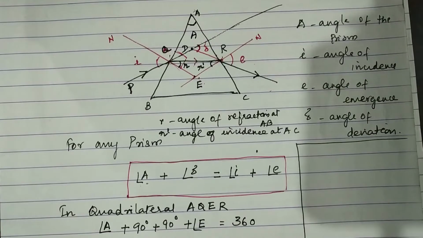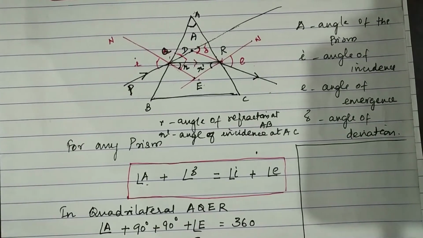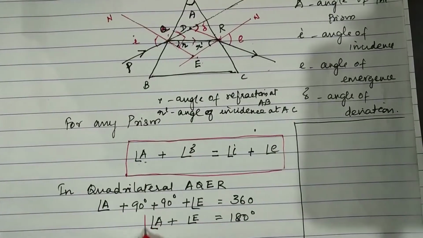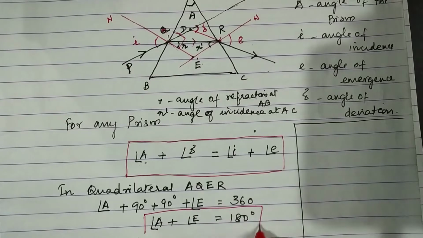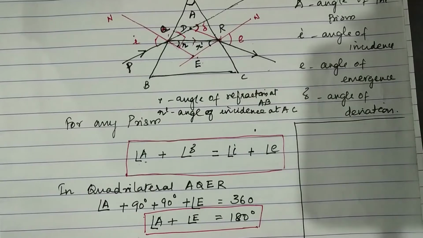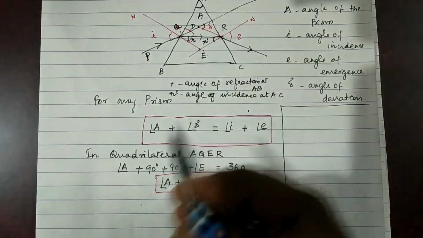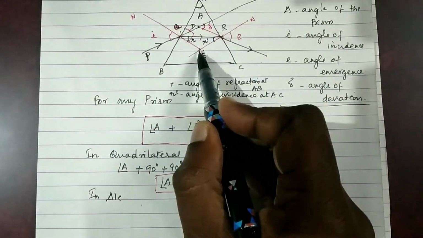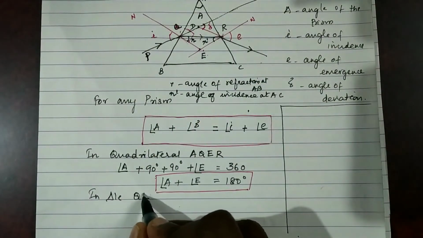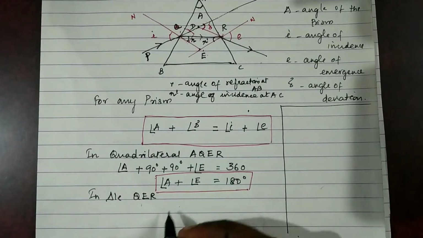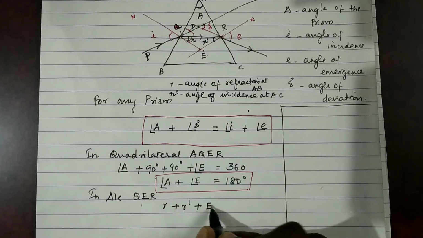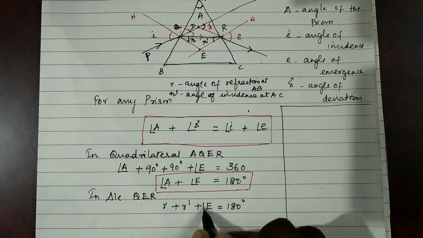Am I right? So, can I write A plus E is equal to 180 degrees? So, I got this. A plus E is equal to 180 degrees. Again, see in triangle QER, we have r plus r dash plus E is equal to 180 degrees.